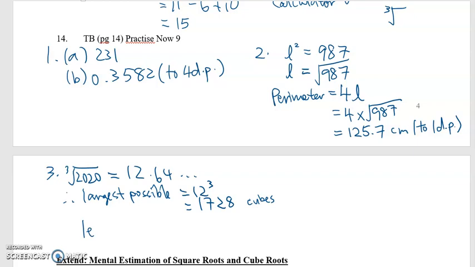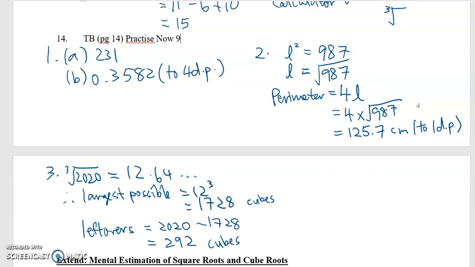So my leftovers will be the initial amount minus the amount used to form the cube, and that will give me 292 cubes that are left over. So this is for practice now 9 on page 14.